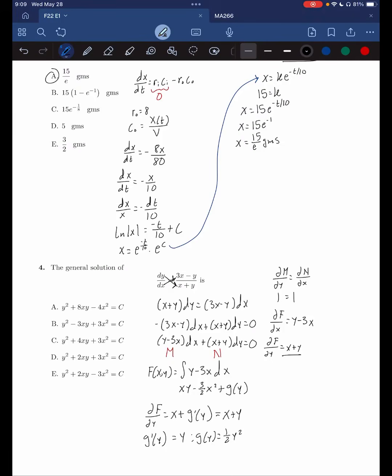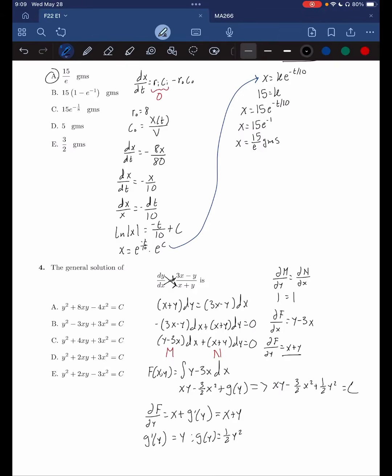And now that is actually just your full answer if we just sub it in. So we have xy minus 3/2 x squared plus 1/2 y squared is equal to just c. And now from here, you can just say there'll be a couple negatives.